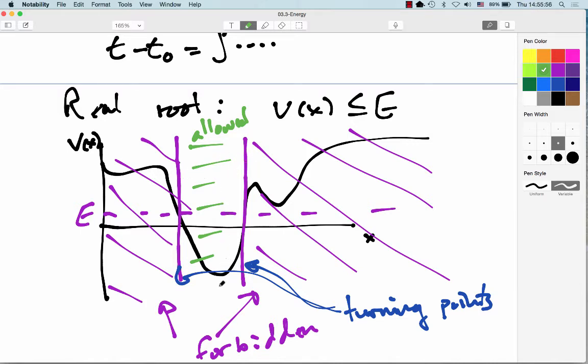When we're right here, our potential energy is a minimum, so our kinetic energy would be a maximum, so we'd be going fastest at this point. Slow down, slow down, slow down, turn around, go back, speed up, speed up, speed up, and so forth, back and forth forever.